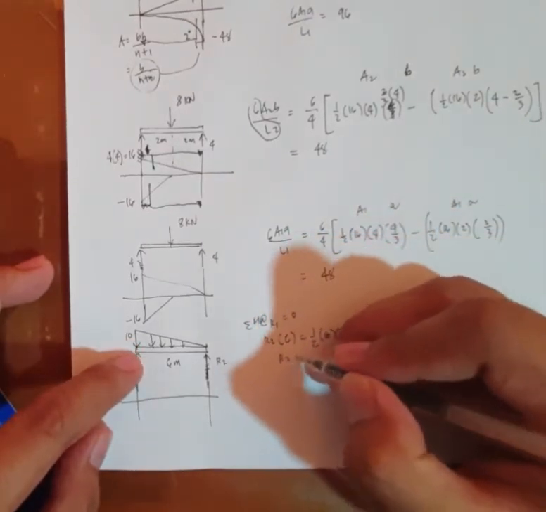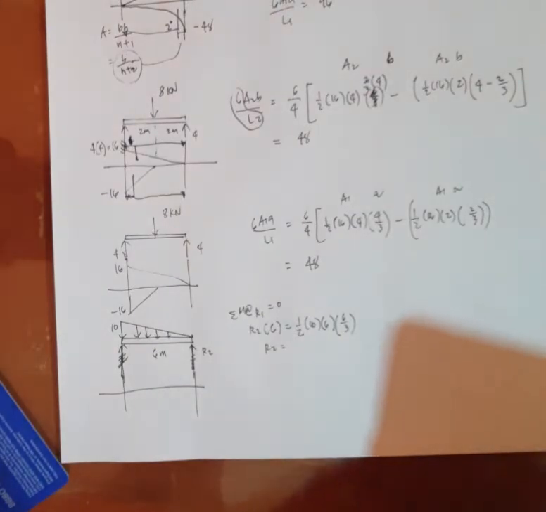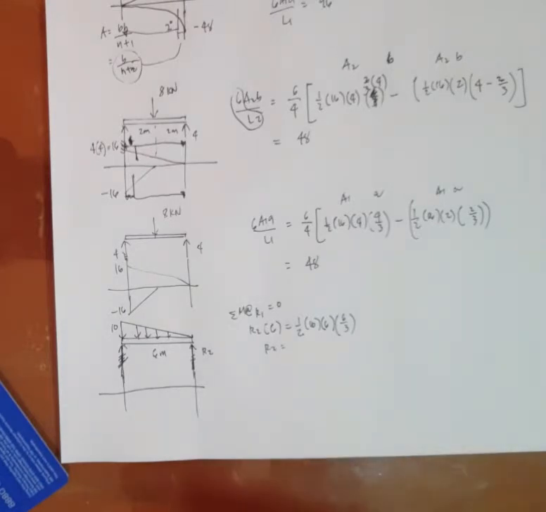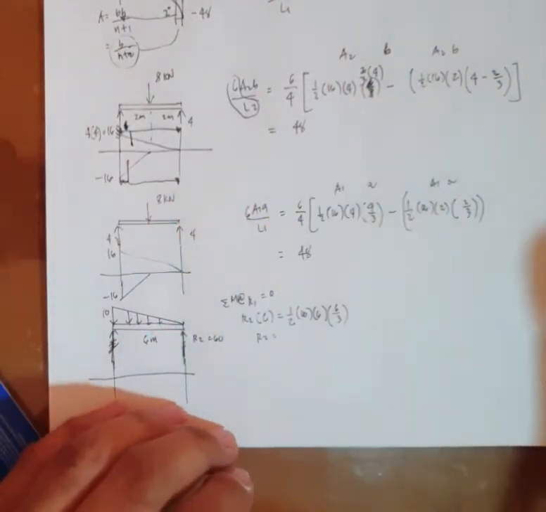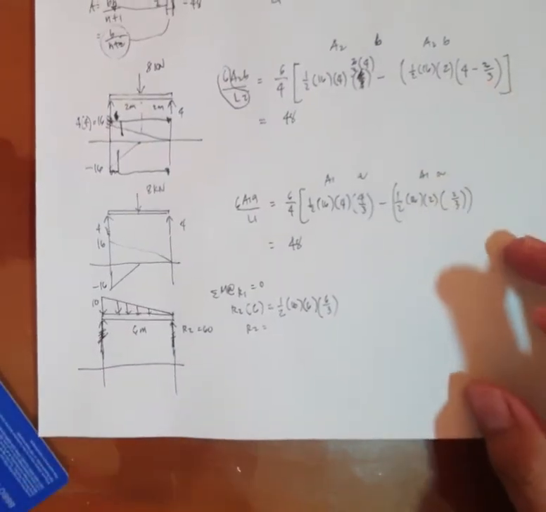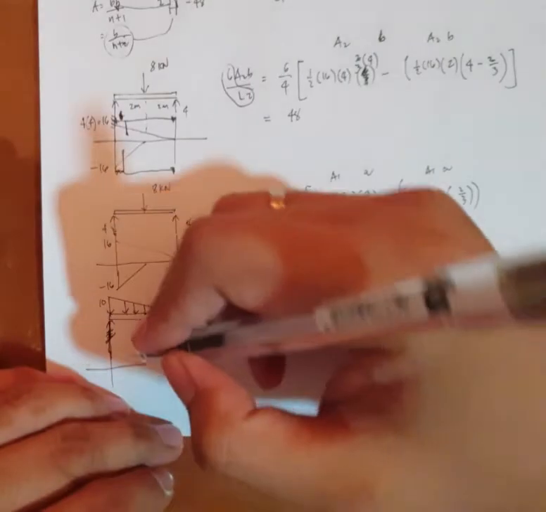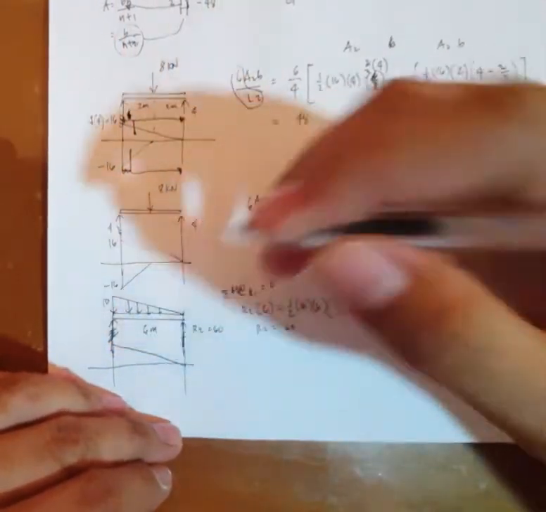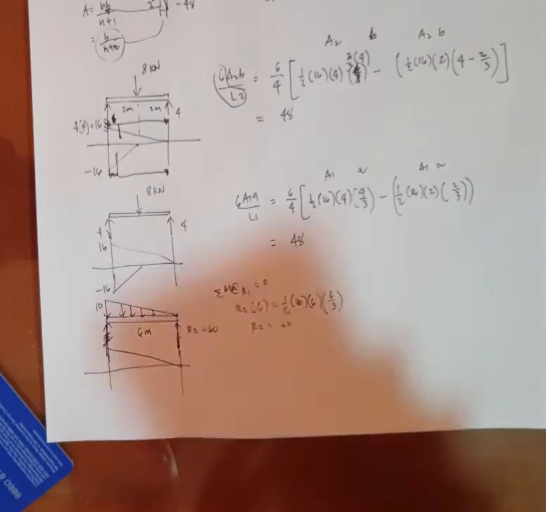So R2 is 1/2 times 10 times 6 times 6/3. R2 is 60. So 60 times 6 is 360.